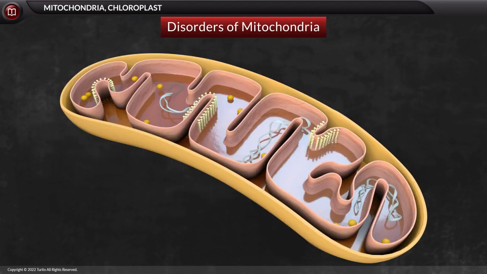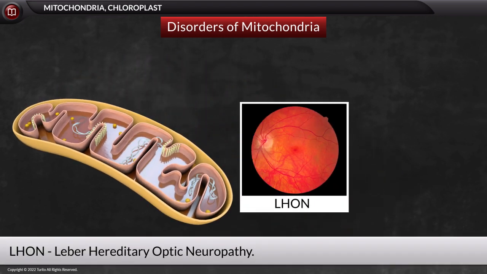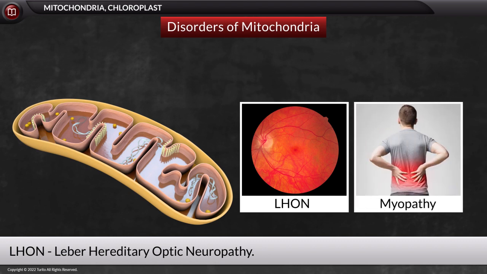There are also certain disorders associated with mitochondrial defects. When mitochondria fail to function, or if there are any defects in mitochondrial DNA, they are often associated with diseases such as LHON, Leber hereditary optic neuropathy, myopathy, etc. These are the characteristics of mitochondria.